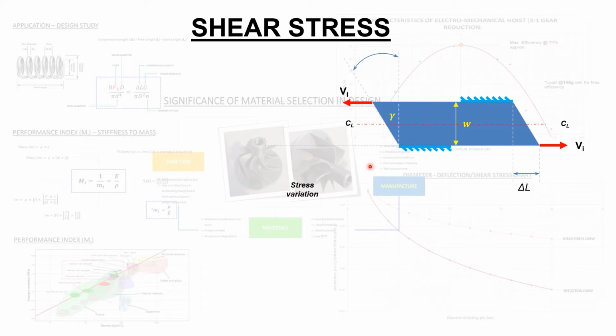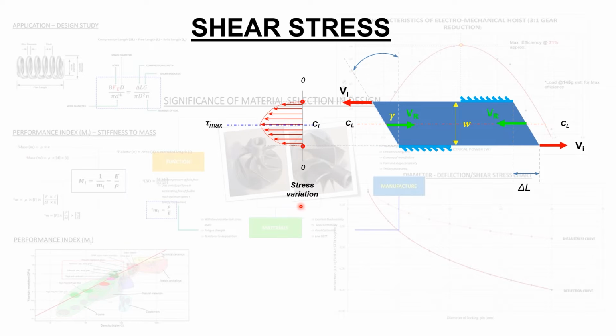So as a result, an equivalent shear force reaction is experienced along the center line or the shear plane of the component. Thus, over time, distortion will be induced in the component, which will eventually cause the component to shear or fail.